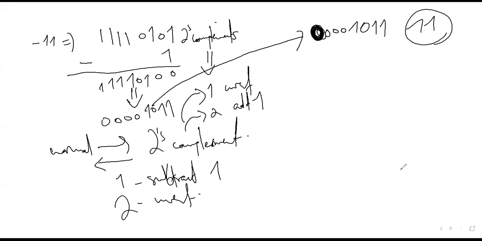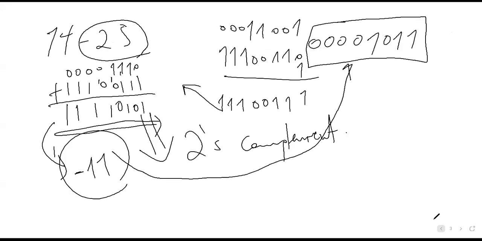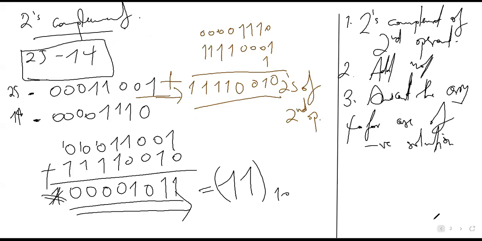Sign bit magnitude representation. If there's a 0 on the MSB, it means it's a negative number. Let me find out if there is a positive, if there is a 1 on the other one. 14 minus 25. This is 24 minus 14. All right, there was a 1, but we removed it. Here we are. Watch. This solution we got here.